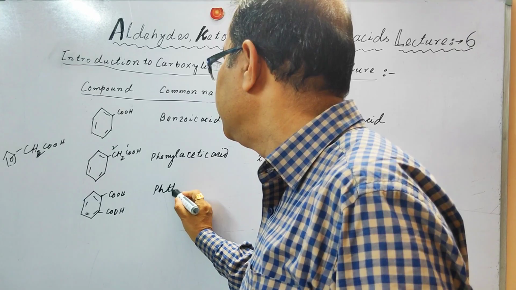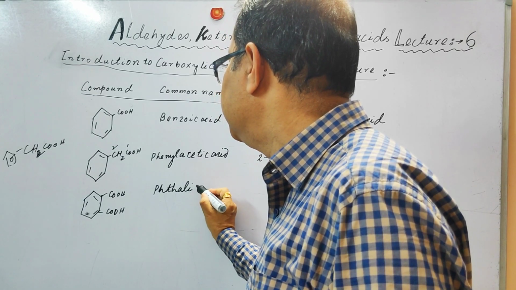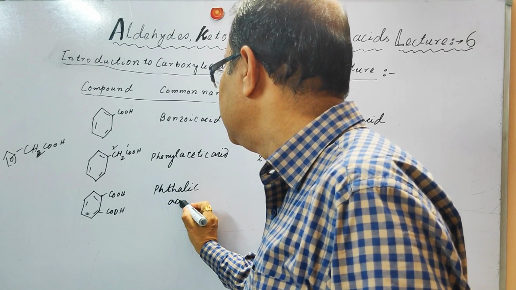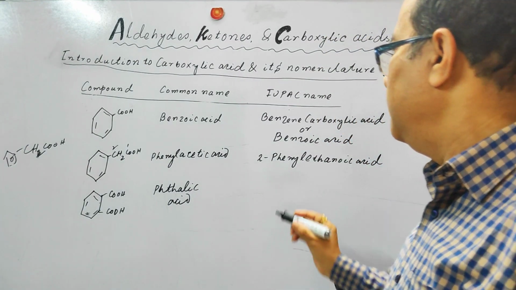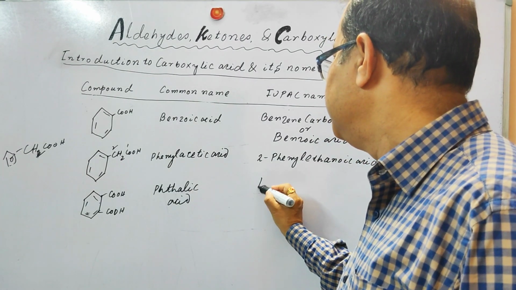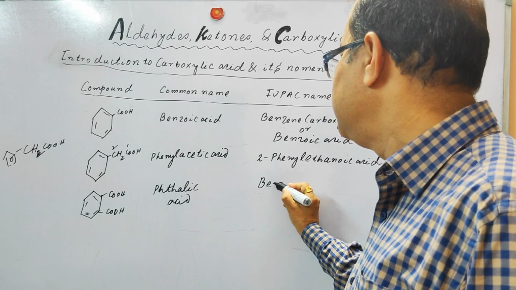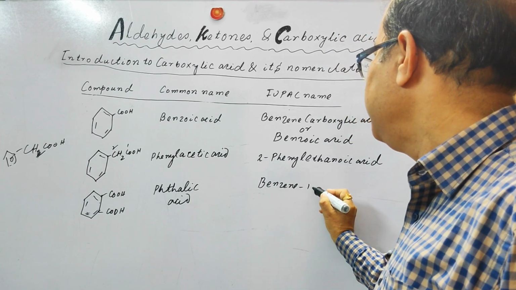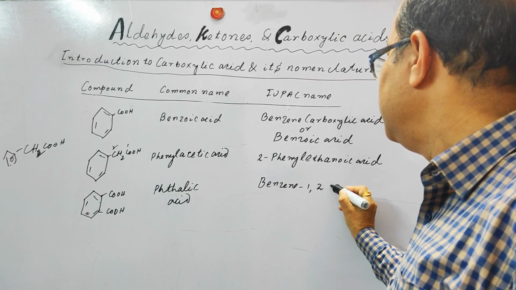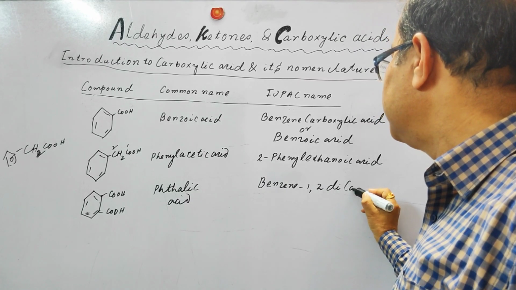It is called phthalic acid, and its IUPAC name is benzene-1,2-dicarboxylic acid.